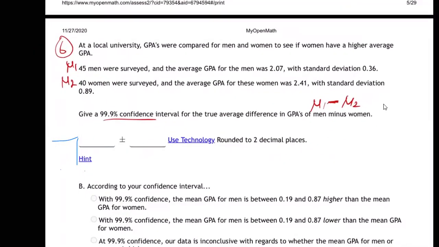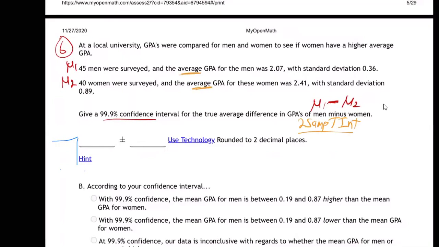So we come on down and we do that. Two sample t interval. If you go to your calculator, that's because these are averages, right?